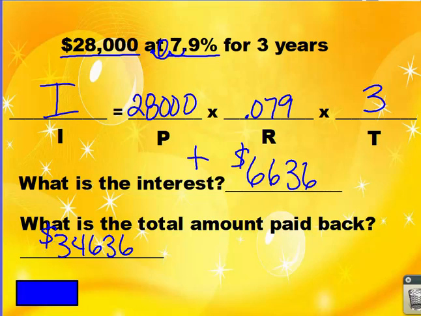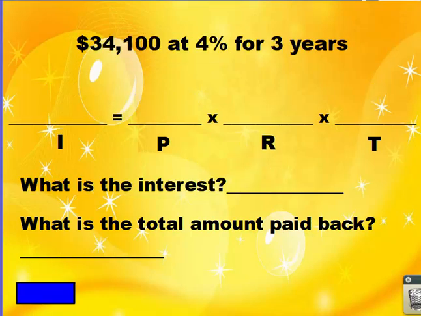So let's have you do one on your own. So here's another one that's exactly the same thing. You have a loan or an investment of $34,100 at 4% interest for 3 years. So what I want to know is how much interest was either going to be earned on this or have to be paid on this if it is a loan.